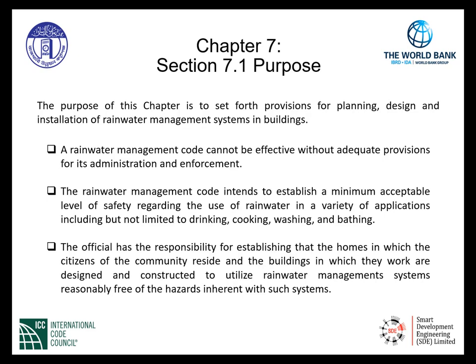The code official has the responsibility for establishing that the homes in which the citizens of the community reside and the buildings in which they work are designed and constructed to utilize rainwater management systems reasonably free of the hazards inherent with such systems.